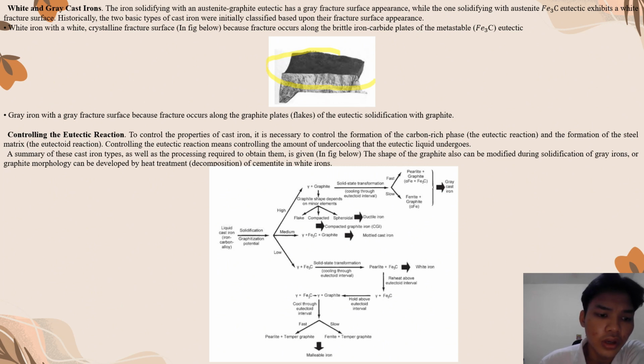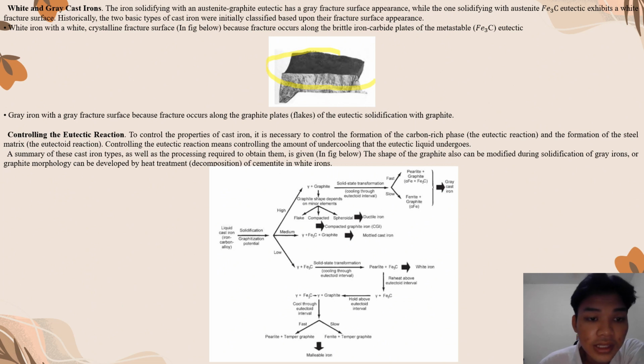Controlling the eutectic reaction. To control the properties of cast iron, it is necessary to control the formation of the carbon-rich phase, the eutectic reaction, and the formation of the steel matrix. Controlling the eutectic reaction means controlling the amount of undercooling that the eutectic liquid undergoes.